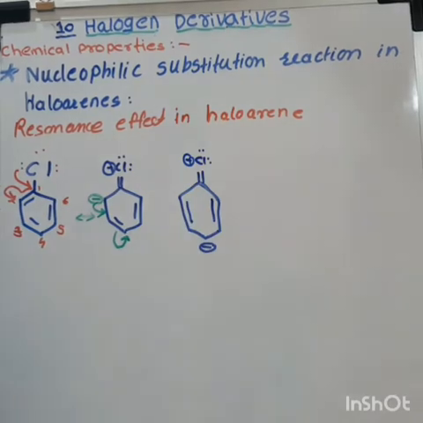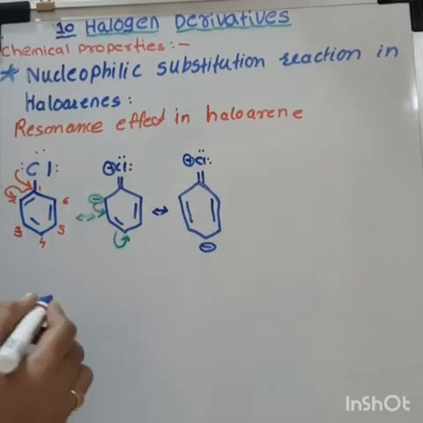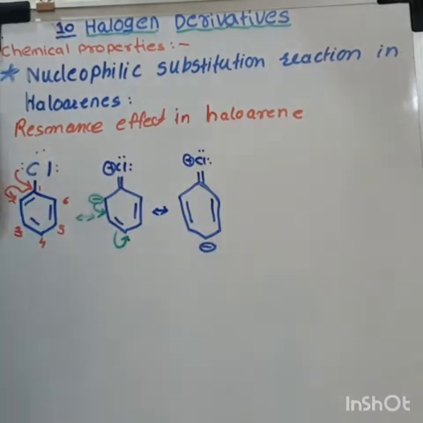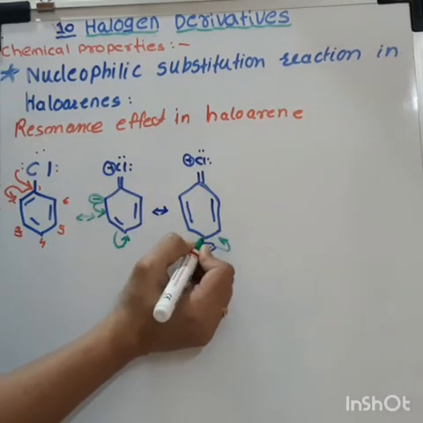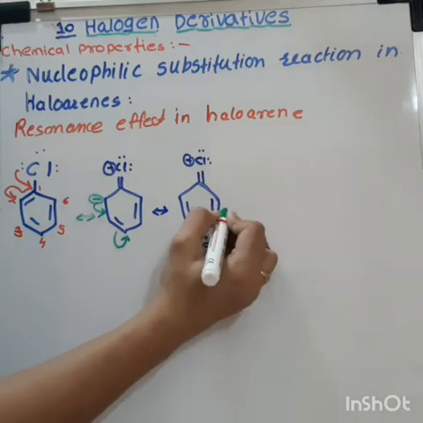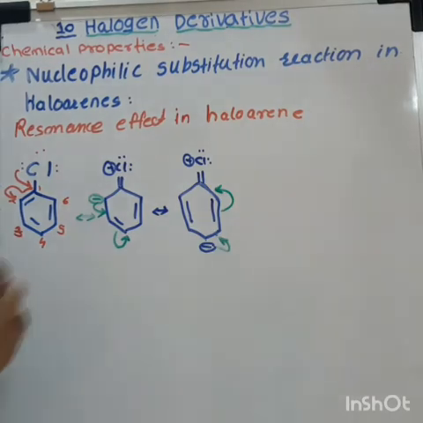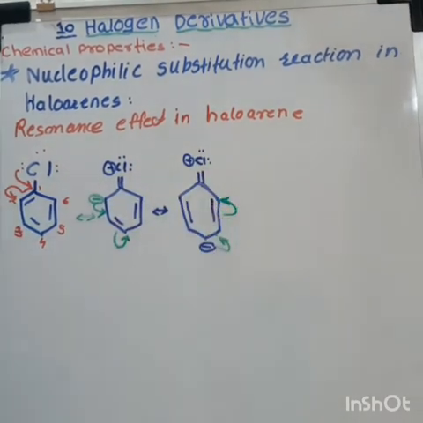Now another resonating structure: this carbon will transfer its electron to the next carbon atom, this bond will break and there will be the negative charge on carbon atom number 6.